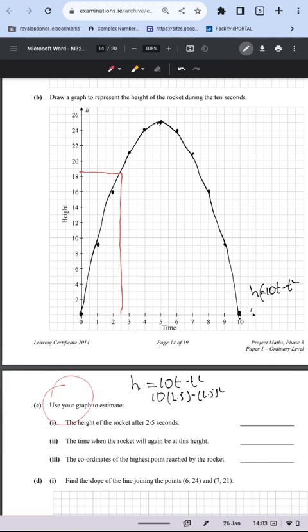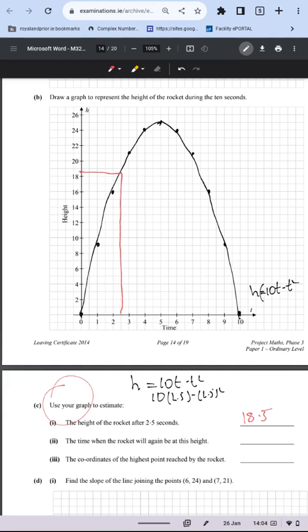I'm in at about 18.5. If you sub that into the calculator, 10 times 2.5 minus 2.5 squared, I'm getting 18.75, so not bad.